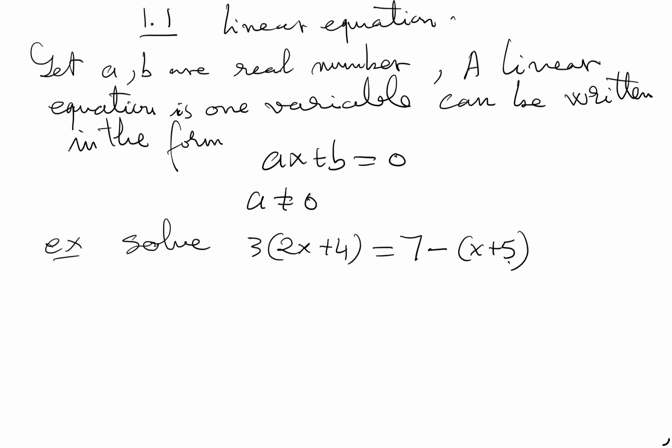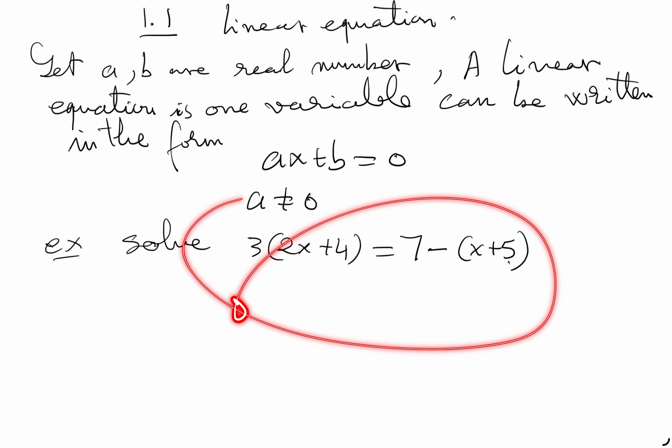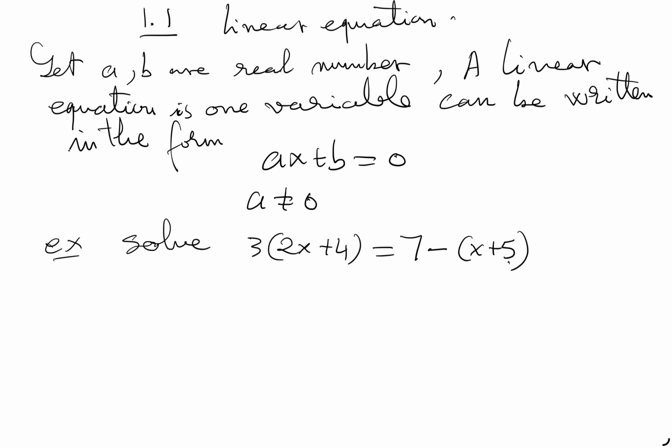Okay, you see those are called linear equations. This one, even when you multiply by 3, is still a linear equation. This one also is a linear equation. Even when you subtract 7, it is still a linear equation. Okay, now let's solve this one.